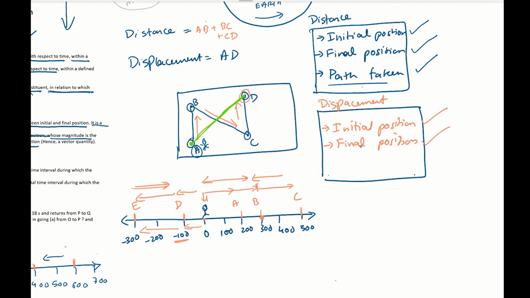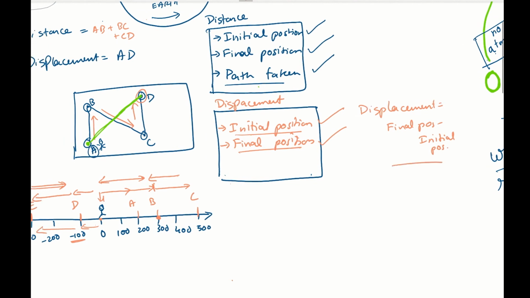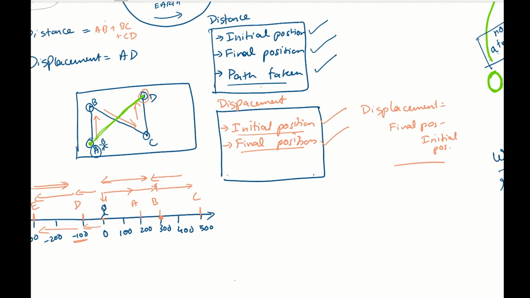It does not matter what path has been taken by any particular object. Displacement is equal to final position minus initial position. And distance is just adding up the lengths of all the paths that any person has traveled.